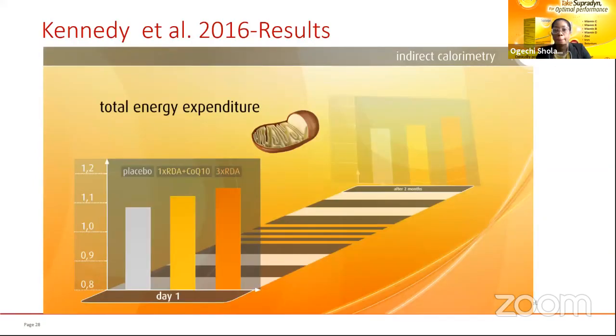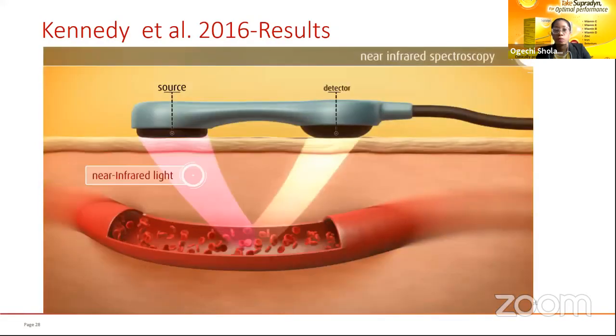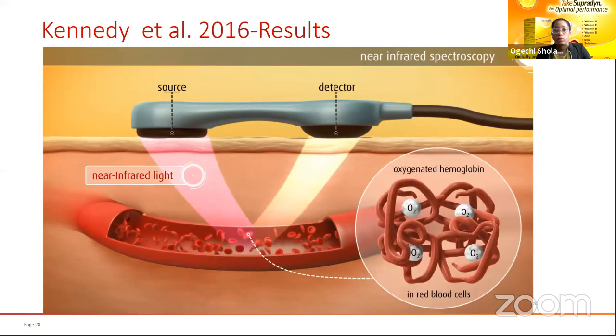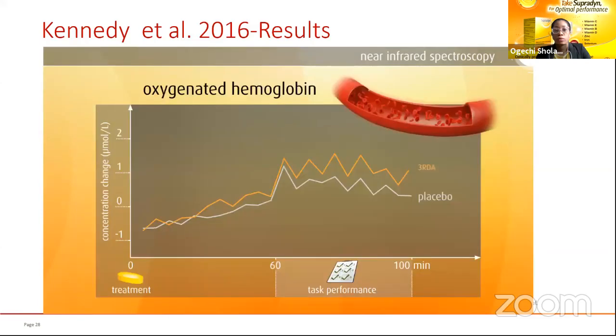Long-term intake showed even greater benefits. In another assessment, near-infrared spectroscopy was used to measure local blood oxygen concentration in order to determine local blood flow and energy requirements. Compared to placebo, Supradyn increased total blood flow after a single dose, allowing enhanced delivery of energy substrates to areas of metabolic activity.